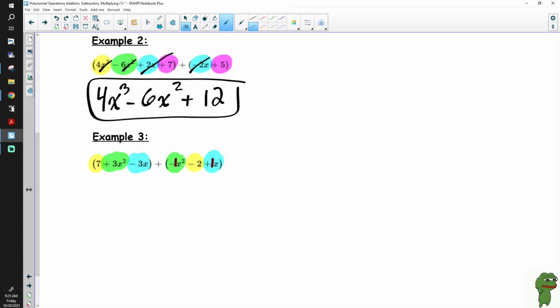What happened when you added 7 and negative 2 together? Now, remember, you want to make the biggest exponent first.